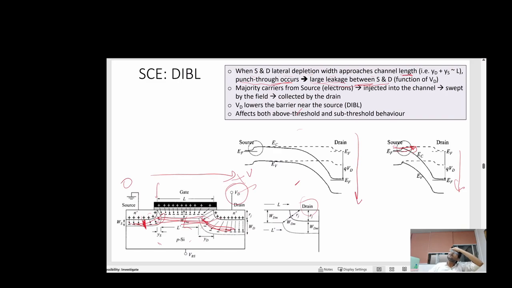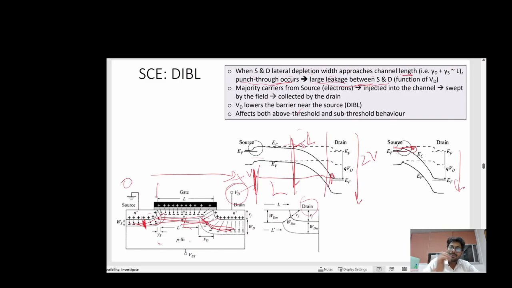Now, if your channel length is very small, let us say this is the channel length L, and you just need to apply 2 volts to reach this position. Your electron can easily go with just 2 volts at the drain.